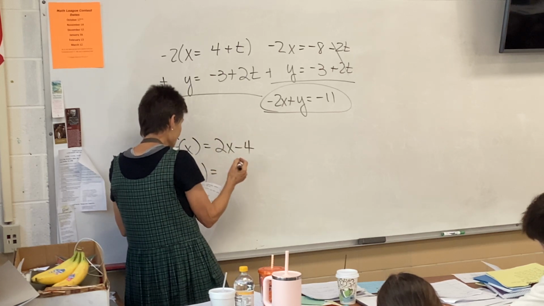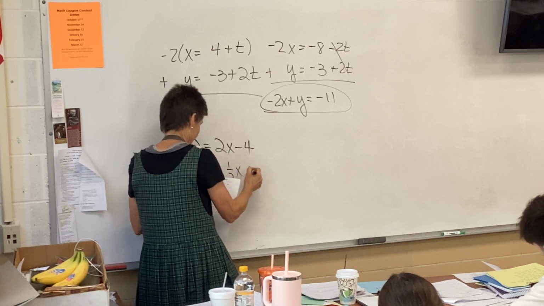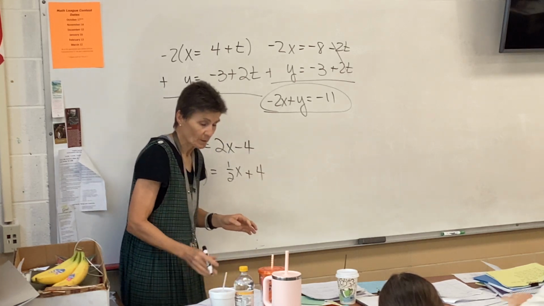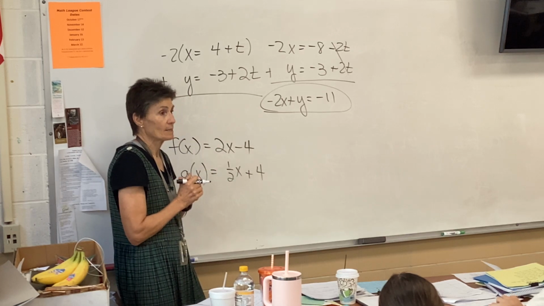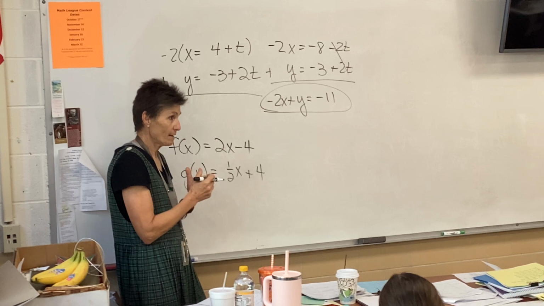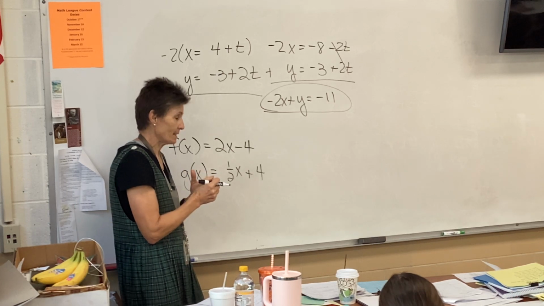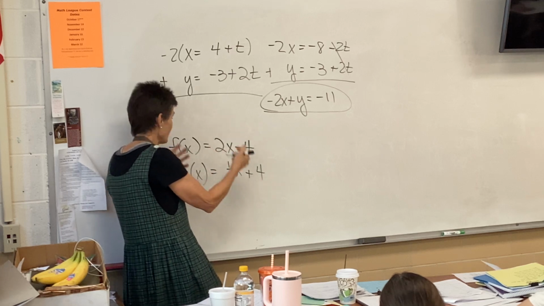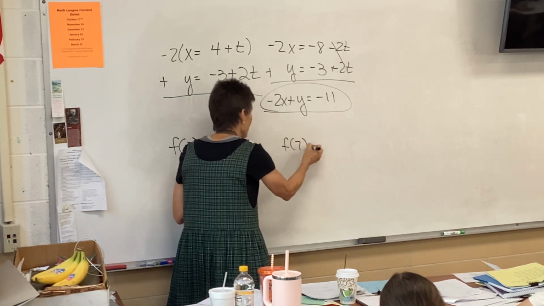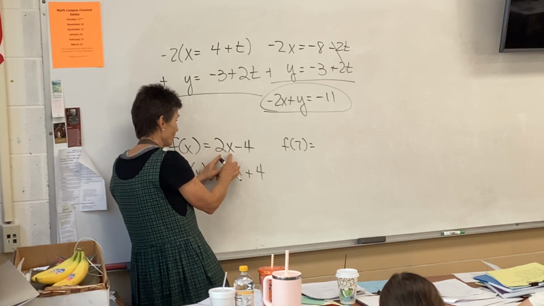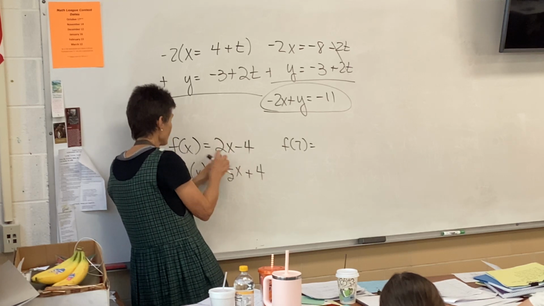A real easy way to check is to remember what it means to be inverses. Inverses undo each other. So what that means is, if you stick a 7, and I'm making that number totally up, into function f, what do you get out?